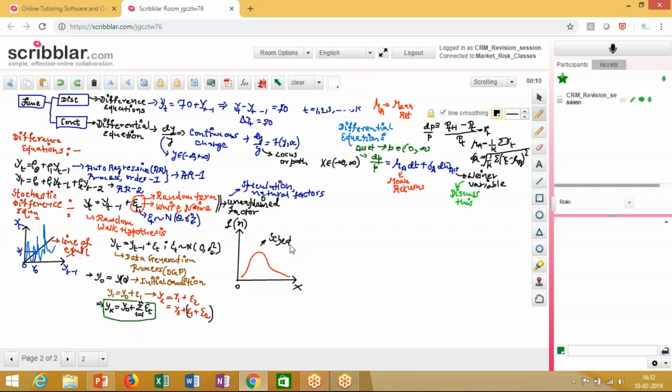So if you see, a probability distribution function is nothing but a schedule which shows what the probabilities of the respective outcomes are. So that is what a schedule is, right?